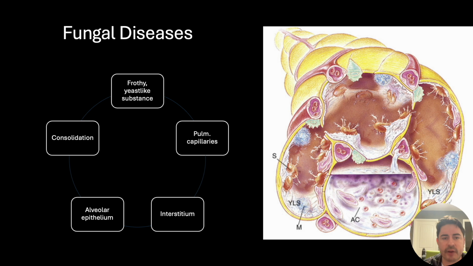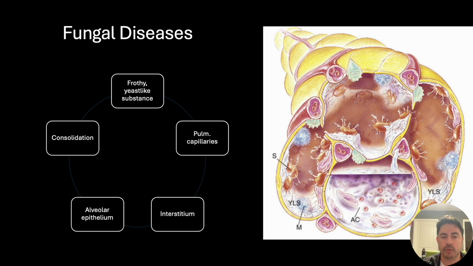So when the fungus reaches the lungs, it germinates and it will produce leukocytes and macrophages that move to fight these fungal spores. But when that happens, you get this pulmonary capillary dilation, and then the interstitium fills with fluid, and then that causes swelling of the alveolar epithelium, and they end up with pulmonary edema.